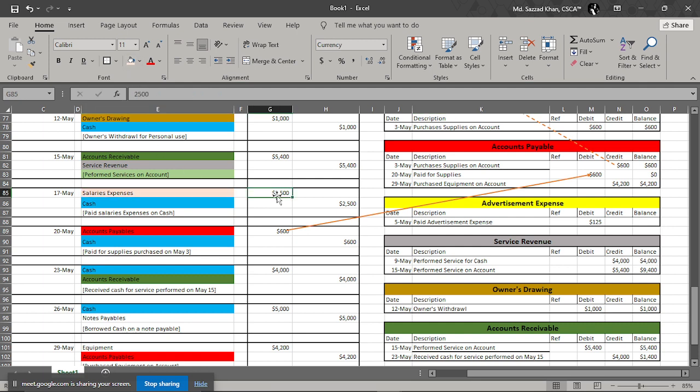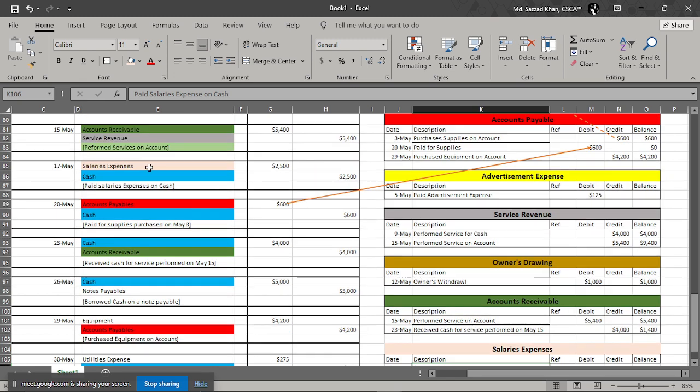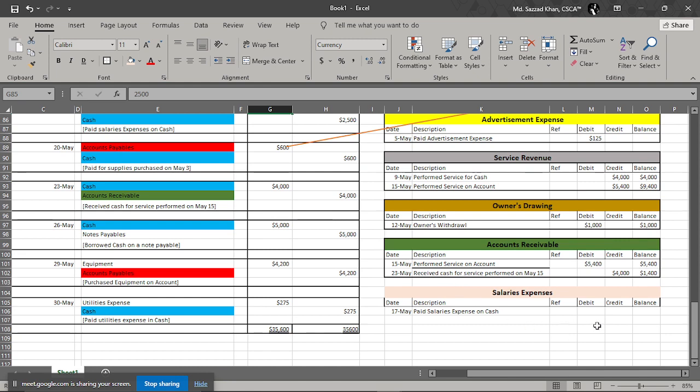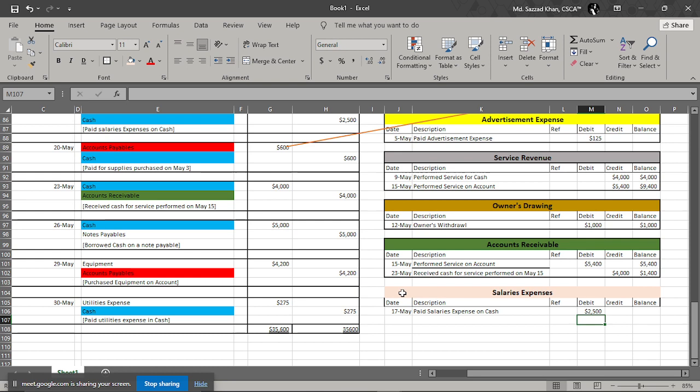Salaries expense was debited. We just write down the description just to know. We don't focus on the description. We focus on what happened to the account. Salaries expense, debit. Just write down the debit. Any other salaries expense? No. Close it.